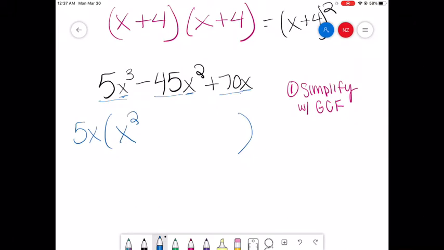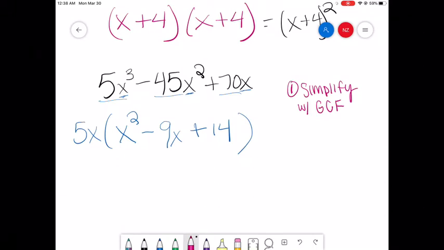I don't need to put that 1 in front, you know it's there. 45 divided by 5 is 9. Still have my minus sign here. x squared divided by x is just x. 70 divided by 5 is 14. x divided by x is 1. So after I've simplified, I've taken out the greatest common factor.